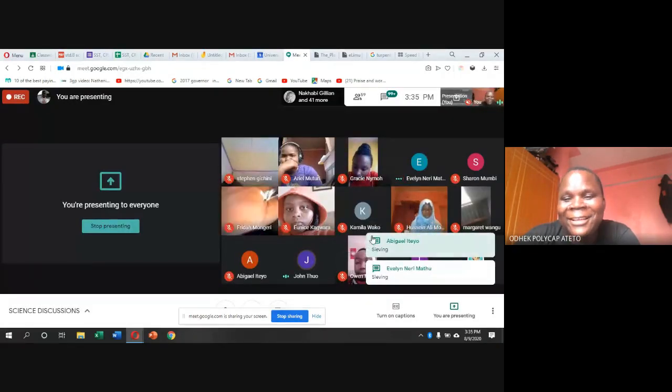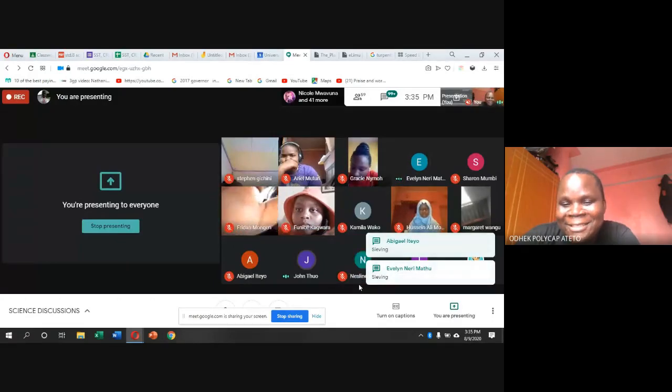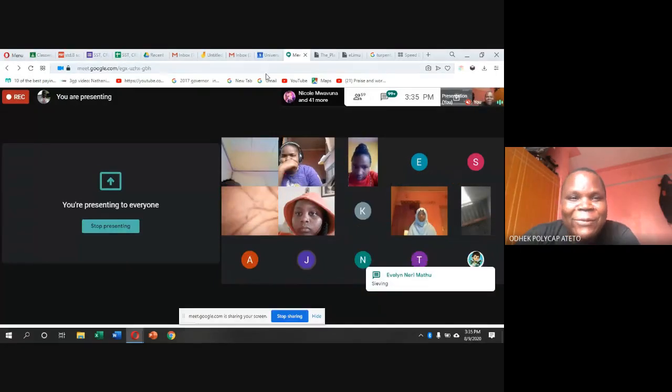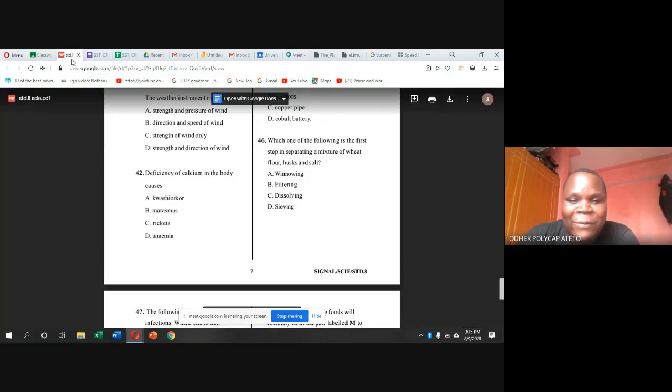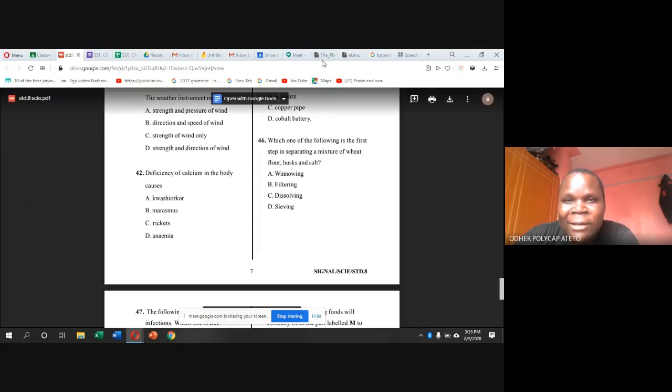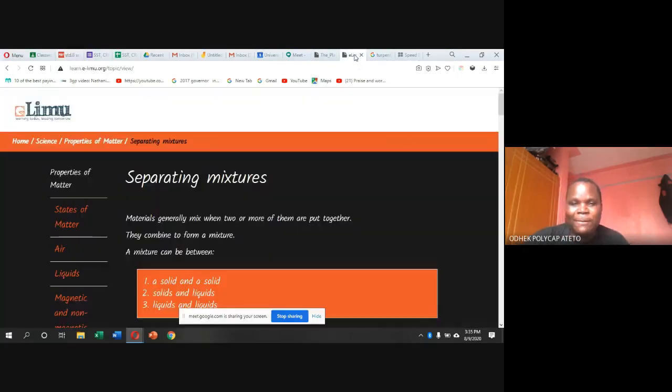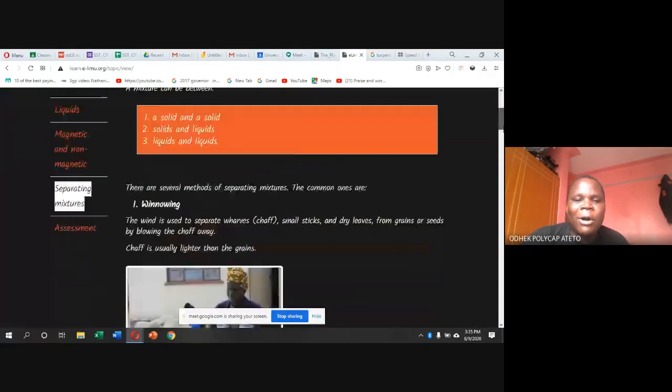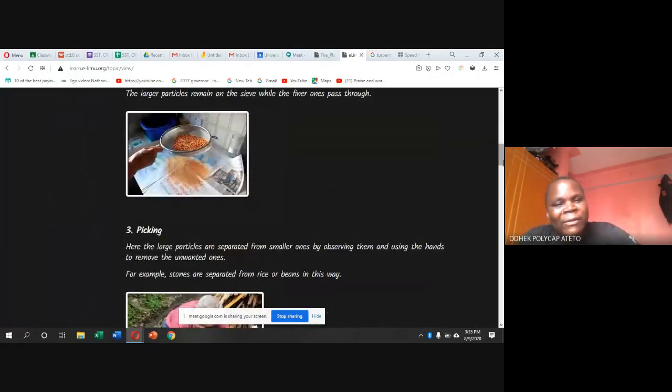Winnowing, no. You cannot winnow first. I think we are going to sieve first, and when we sieve, the flour and salt are going to pass, and the husks are going to remain on the sieve. If you look at the sieve, it will only allow the small particles to pass through, and the bigger ones will remain.